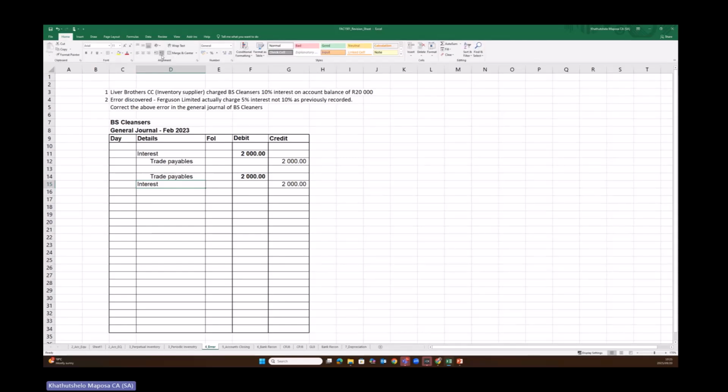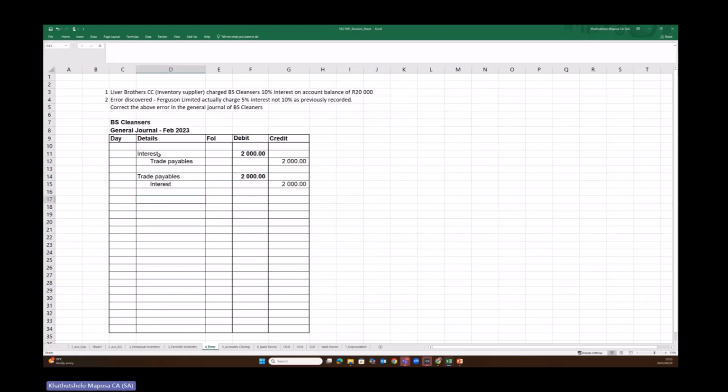We are reversing the wrong things that they have done. They said that transaction was wrong because the interest was wrong. What we do, we just reverse everything that they've done. So the net effect is 0 here, because on the interest we said plus 2,000, now we're saying minus 2,000. On the trade payables we said minus 2,000, now we're saying plus 2,000. Then the net effect is 0. We've reversed what was done wrong.